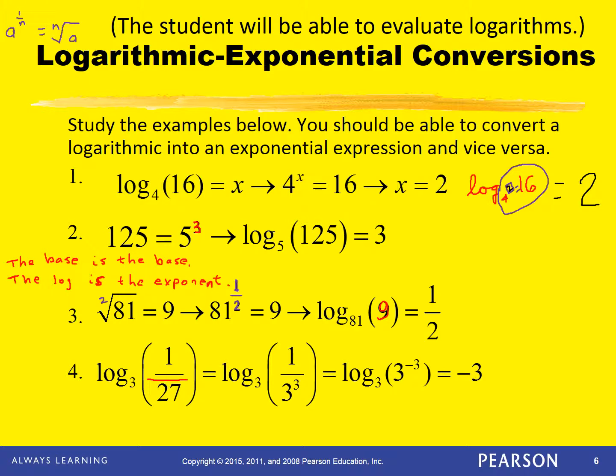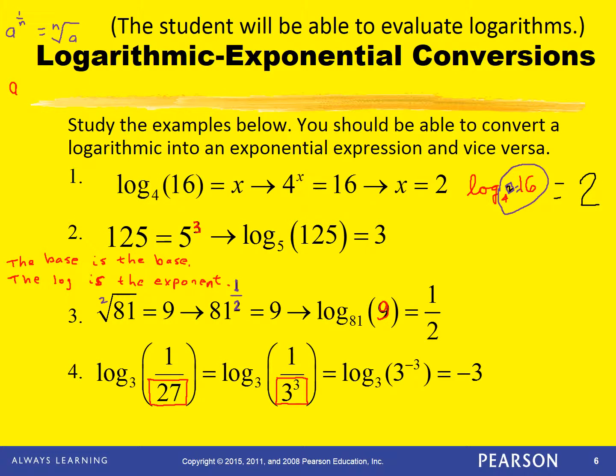Well, now we've got an exponential equation, and we're able to convert it to a logarithmic equation. The base is the base, and the base is 81, so that's a big base for a logarithm. And the exponent, the logarithm is the exponent.